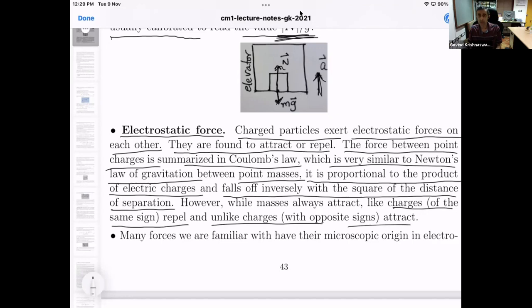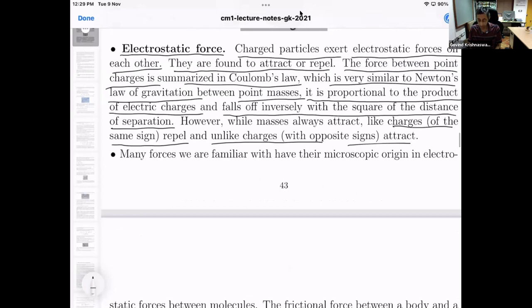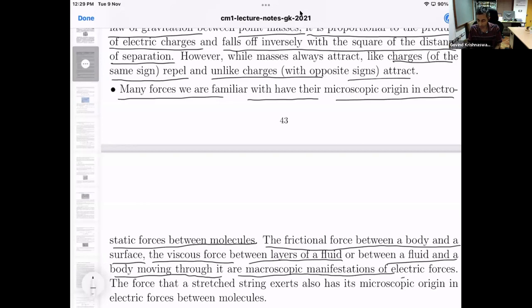The point is that this force is very similar to gravitational, at least in formula. This electric force is very important because many of the forces we are familiar with have their microscopic origin in the electrostatic forces between molecules. For instance, the frictional force between a body and a surface, or the viscous force between layers of a fluid, or between a fluid and a body moving through it, are all macroscopic manifestations of electric forces.